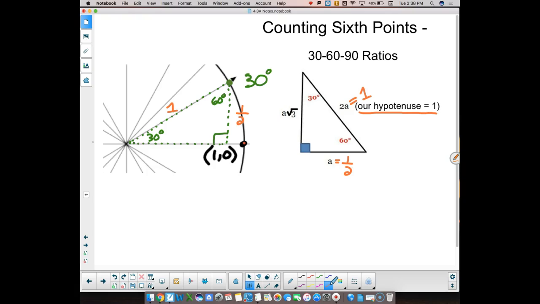If A is 1/2, what's the length of the missing leg? Square root 3 over 2, which would be this side down here.